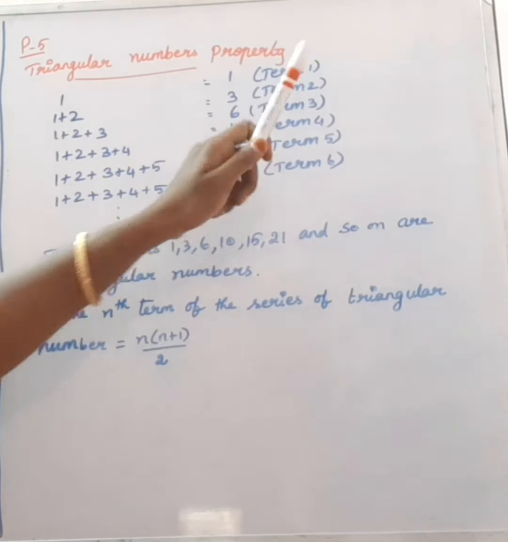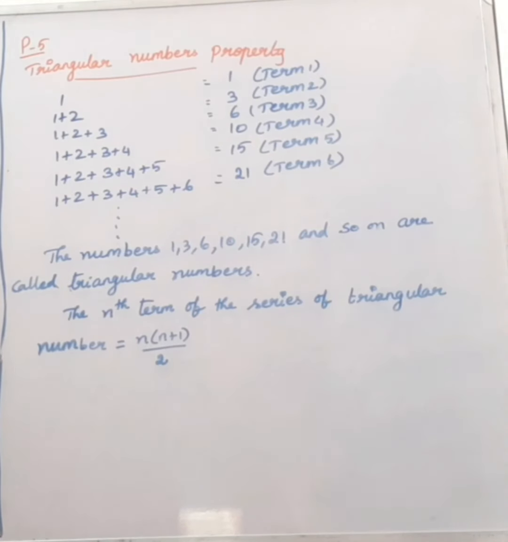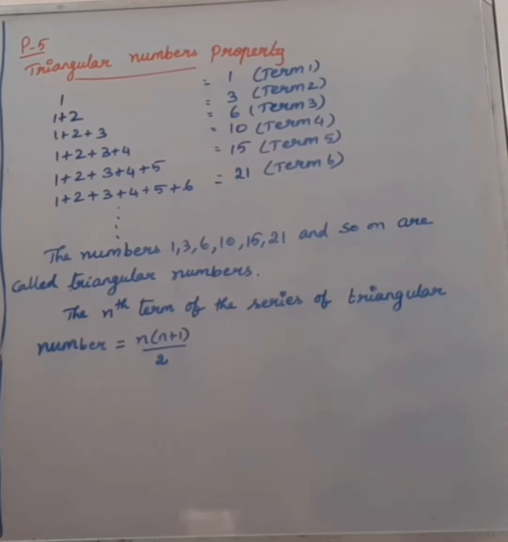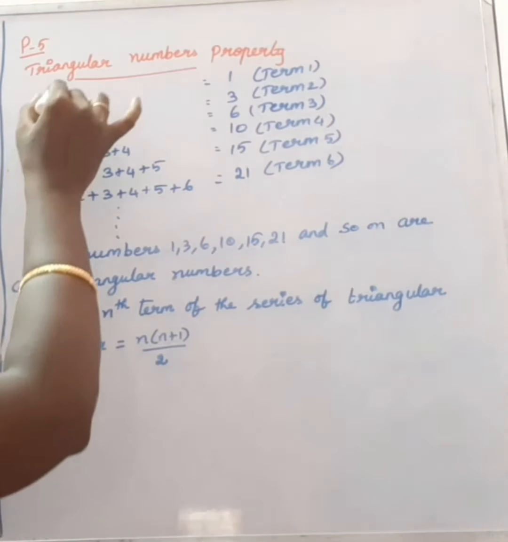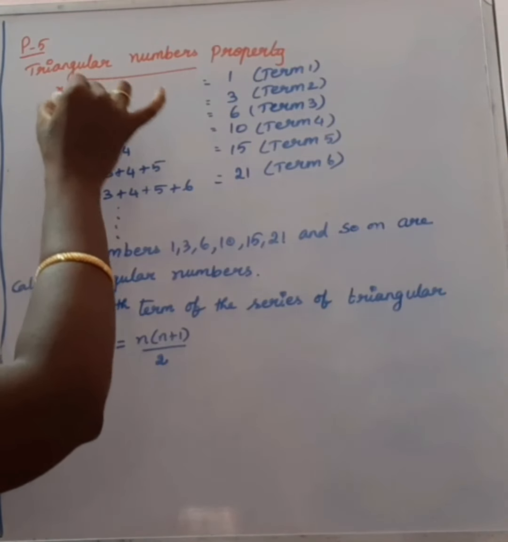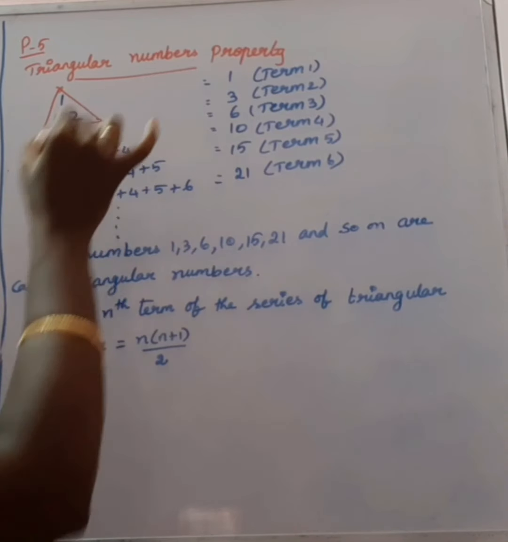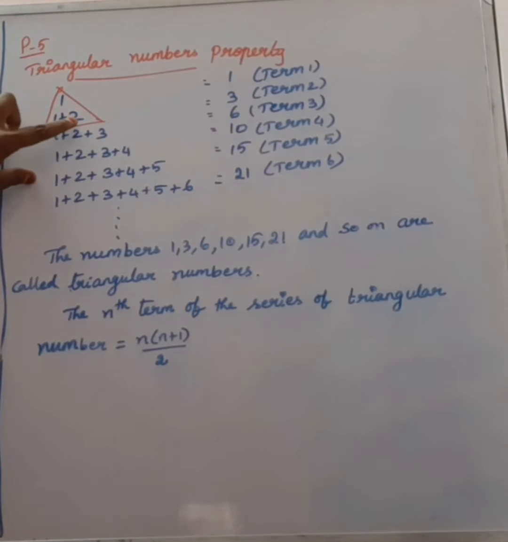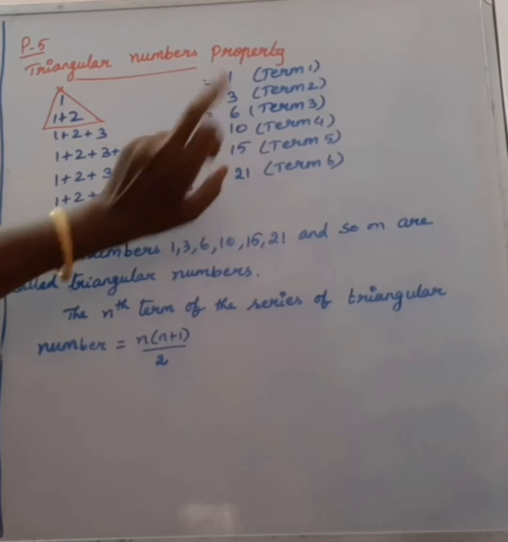That is called term 1. And then 1 plus 2. Now see here, it makes the form of a triangle. So this is called the triangular number property. So 1, and then 1 plus 2, we get the answer as 3.